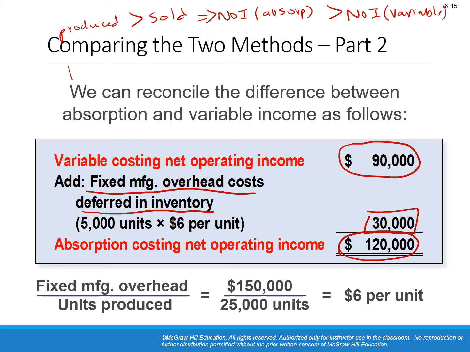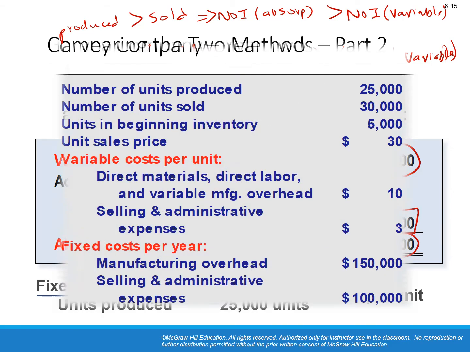However, if you produced less than what you sold, and this happens in the case when you have beginning inventory, the net operating income is the opposite. The net operating income of the absorption will be less than the net operating income of the variable for the same reason: the fixed manufacturing overhead component residing in ending inventory.